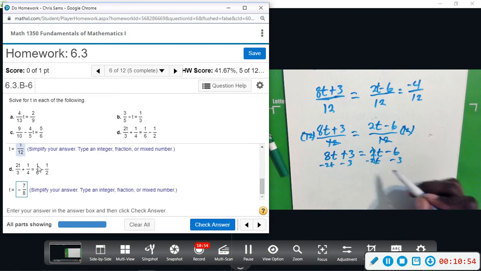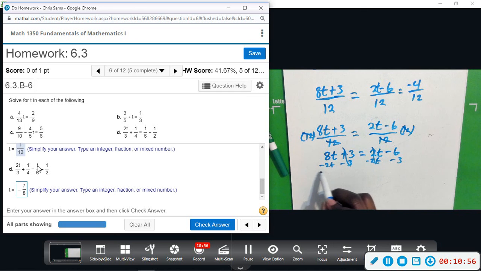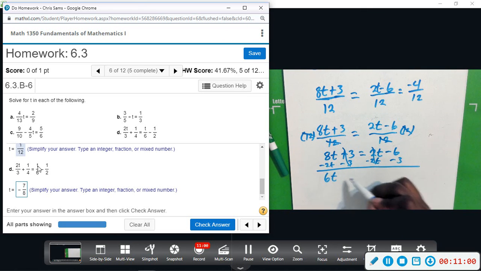So this will go to 0, this will go to 0, this will give us positive 6t equals negative 9, and then divide by 6, and that gives us t equals 6 goes into 9 once, with 3 over 6 left over, which is 1/2, and it'll be a negative.